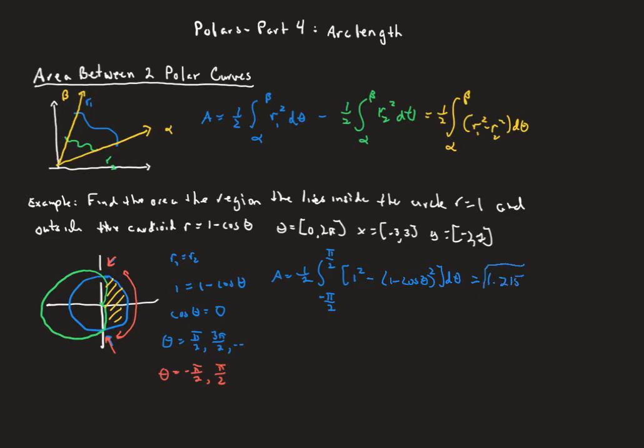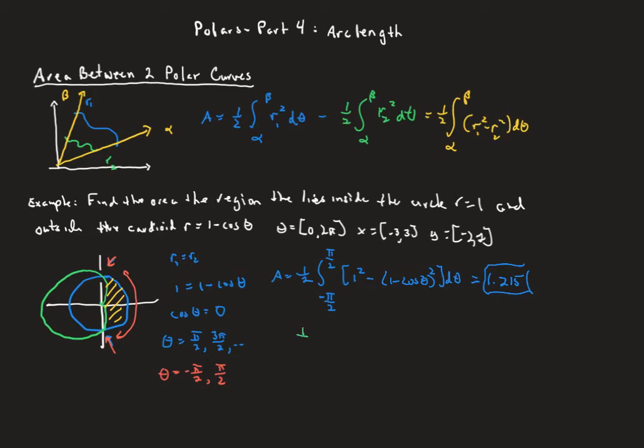And that's fine, and that's a great way to do it. Alternatively, it would be reasonable and acceptable if you recognize that the area between the blue curve from negative pi over 2 to pi over 2 is really just a semicircle.